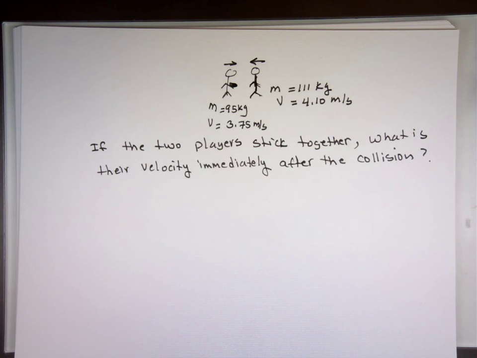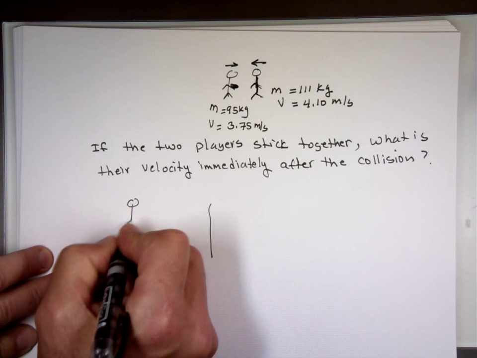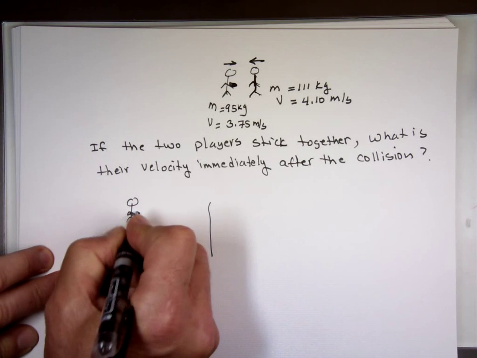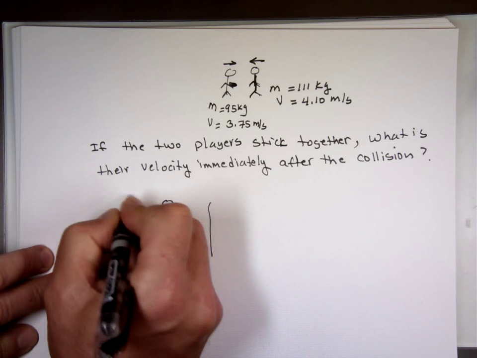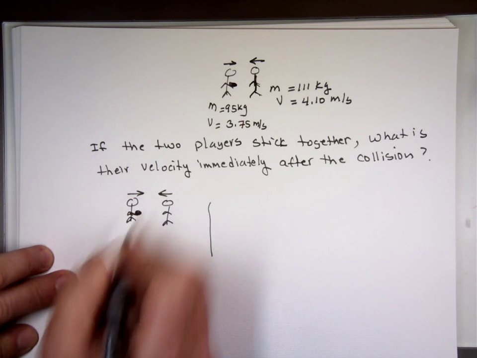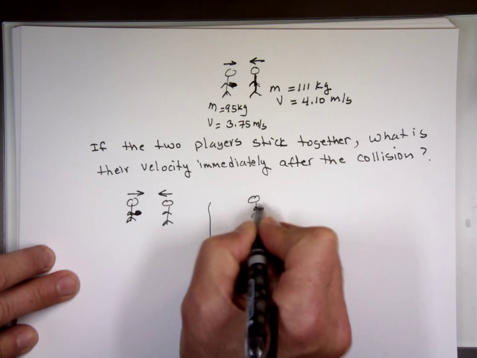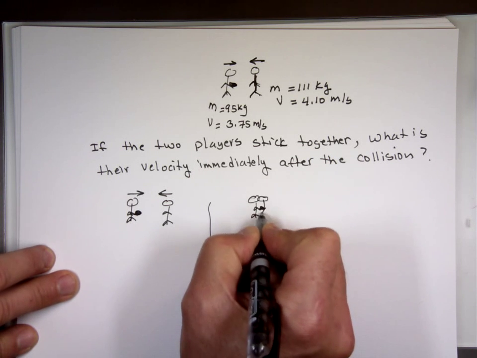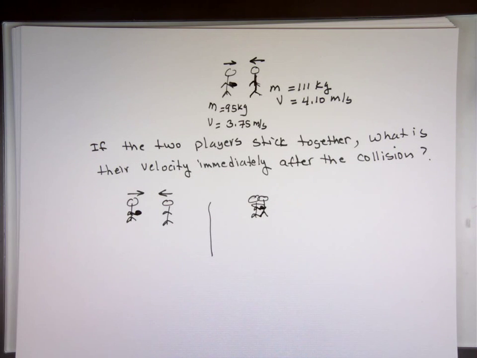So here we go. This is the before and the after. The before, this is the running back carrying the ball. This is the tackler running at him. After, they're holding each other, moving together.